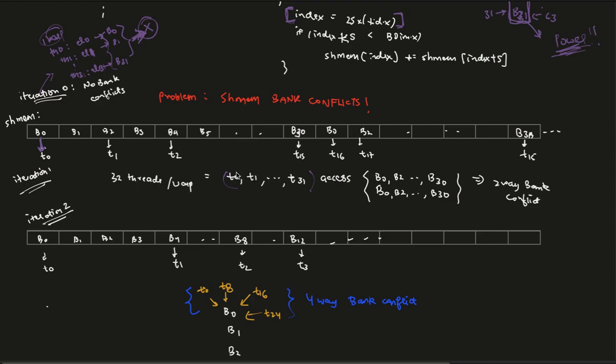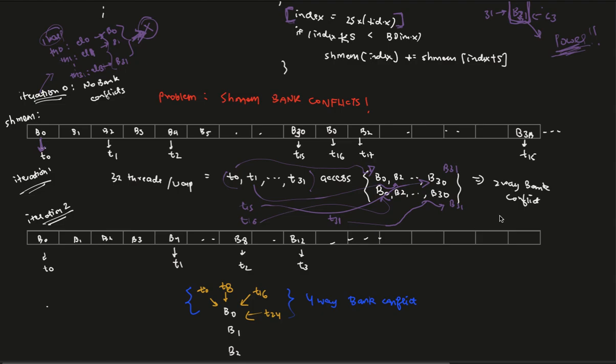T0 accesses bank 0, T1 accesses bank 2, and so on. T15 accesses bank 30, T16 accesses bank 0 again, and T31 accesses bank 31.